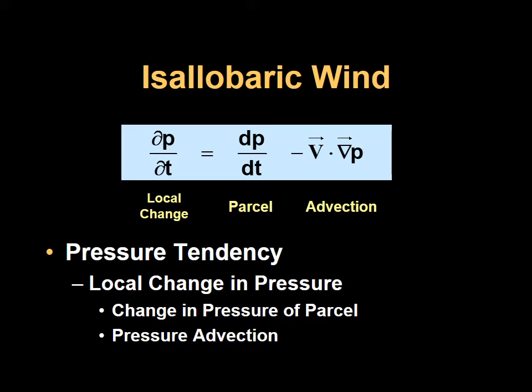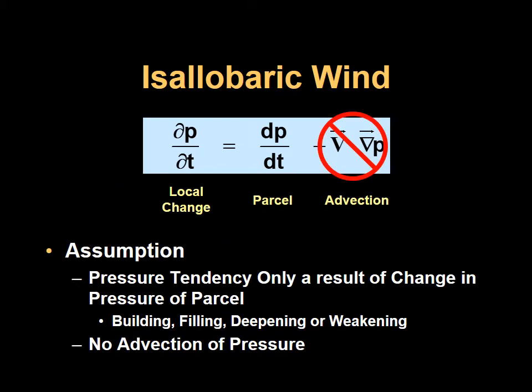In a local area and a given location, pressure changes can result from weather systems that are moving in, which is the advection of pressure, and also as a result of the parcel changes, meaning that as you move along with a parcel of air, the pressure is either increasing or decreasing because the weather system is getting stronger or getting weaker. So that's the advection or the local change as a result of these two different things.